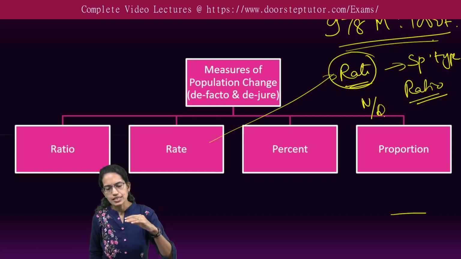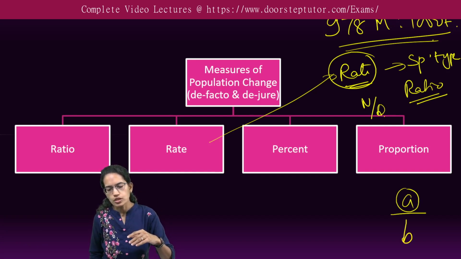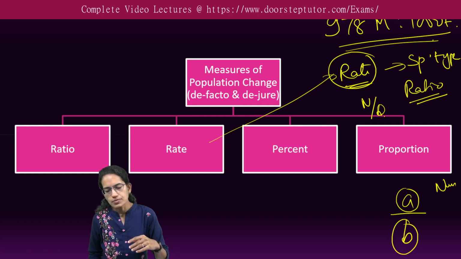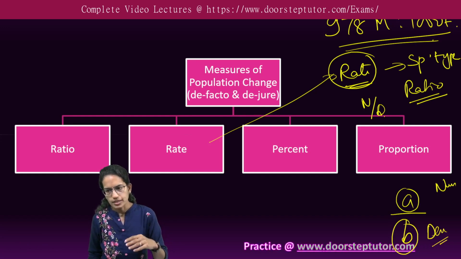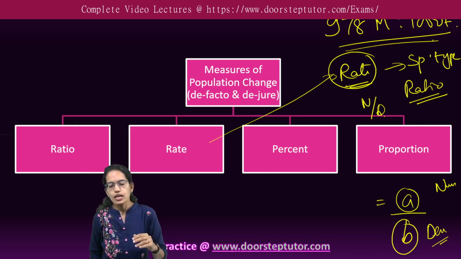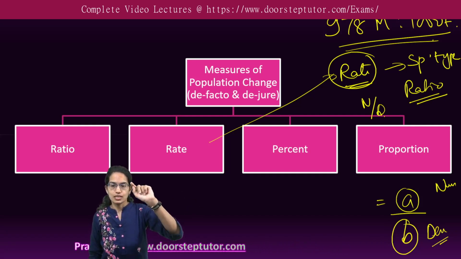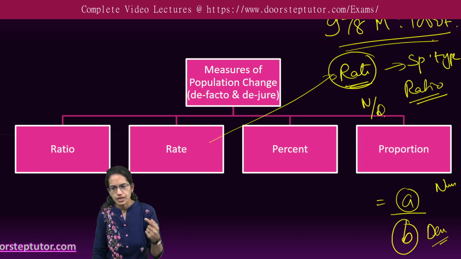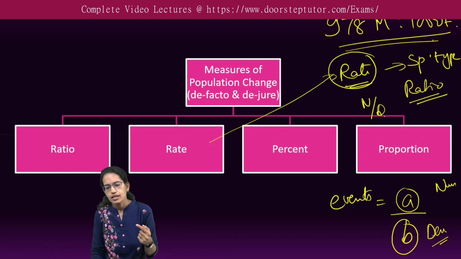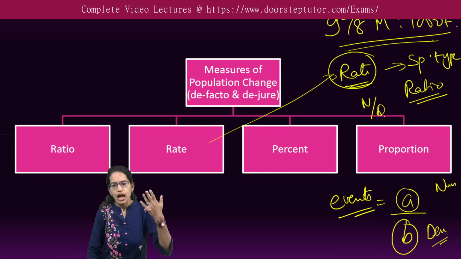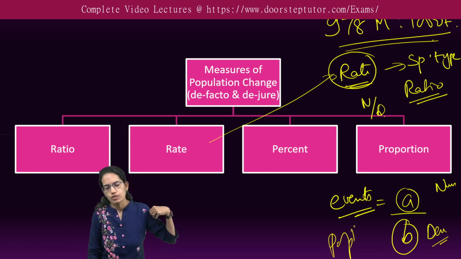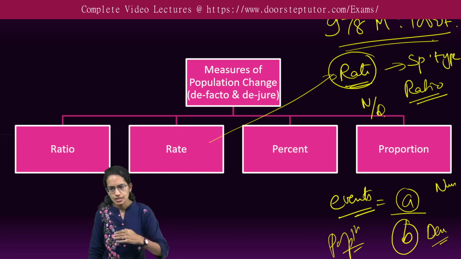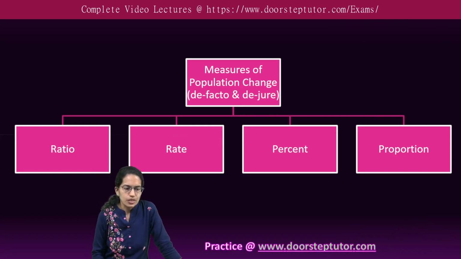So in a fraction A by B, what comes on the top is the numerator, what comes in the bottom is the denominator. So the numerator talks about the events that occur, and the population at risk or the population covered is the denominator, right?